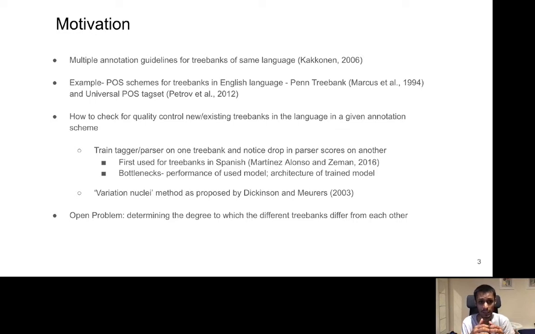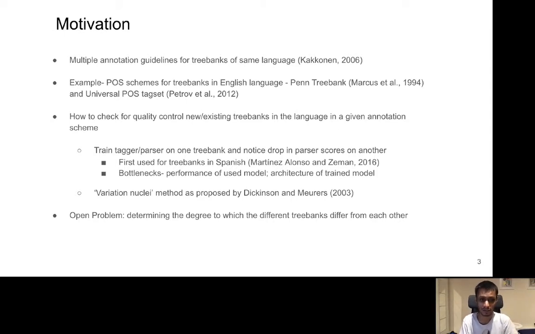Secondly, the architecture of the trained model. When the architecture is changed, a drop of, let's say, 10% is suddenly catastrophic in one particular architecture, but in the other architecture it's not as catastrophic. So depending on the architecture of the trained model, that also matters.